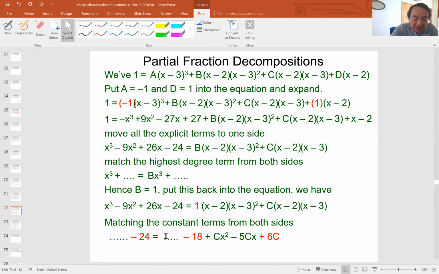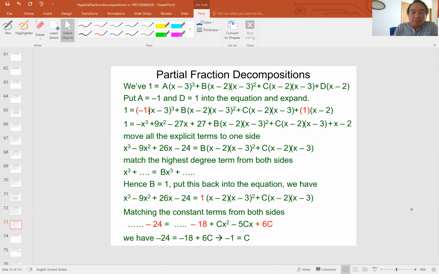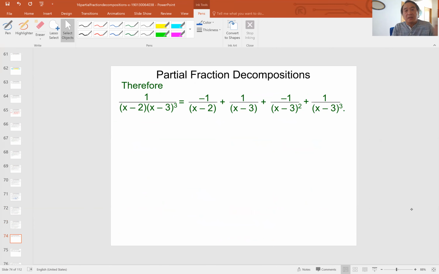There'll be something with x in front, but the constant term multiplies to minus 18 over here, and the constant term multiplies the number c times 2, 3, minus 1, 6c. So if I only look at the constant terms, these three terms pop up. These tell me what c is.